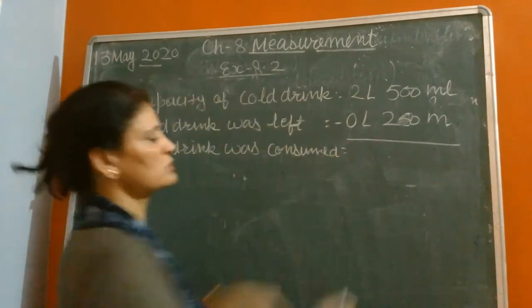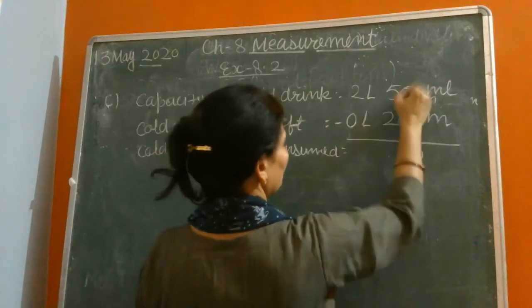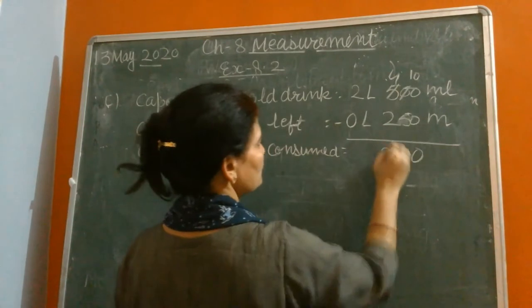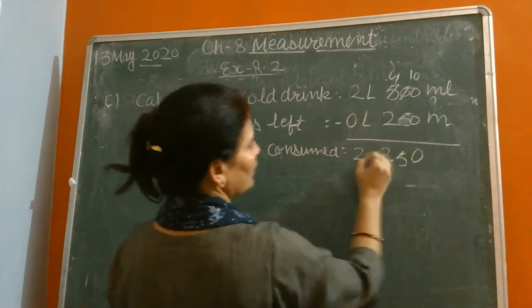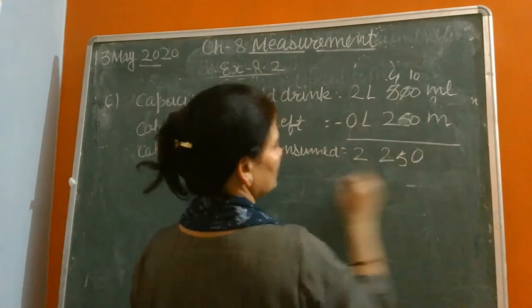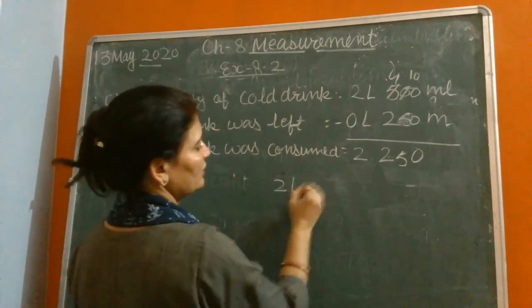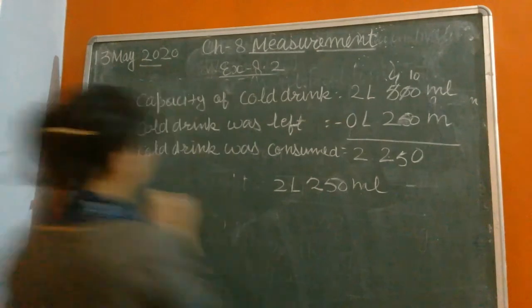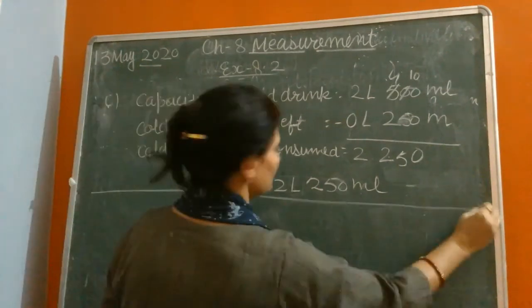How much cold drink was consumed? 0, 4 is left. 10 minus 5 is 5. 4 minus 2, 2. 2 liter 250 milliliter cold drink was consumed by the guests.